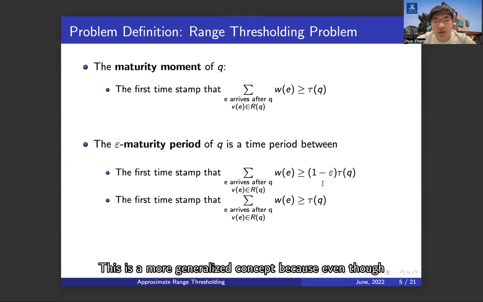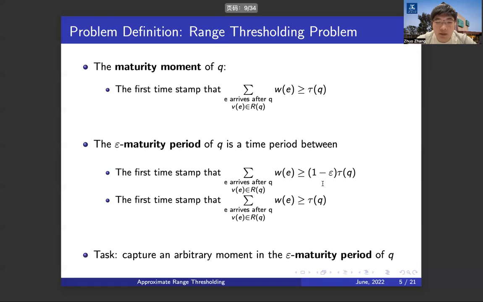This is a more generalized concept because even if you still want to track the exact maturity moment, you can set epsilon as a small enough value like 1 over tau to make the epsilon maturity period only contain one moment, which is the maturity moment. And the task of the range thresholding problem is to capture an arbitrary moment in the epsilon maturity period of the query.